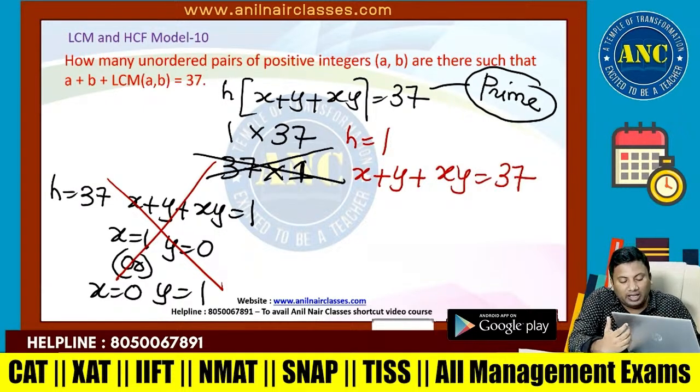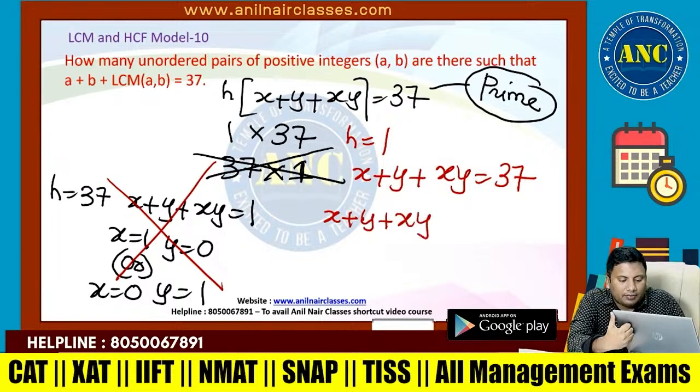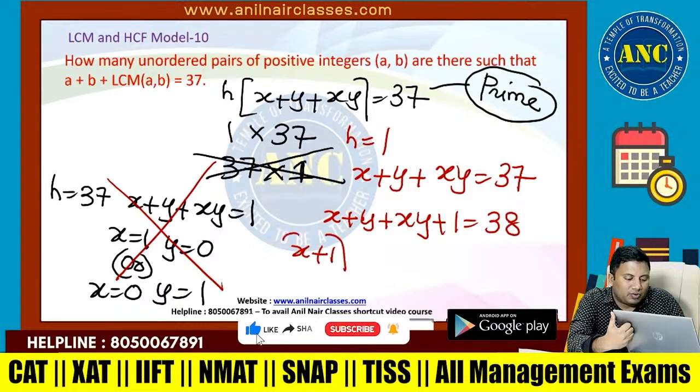I will explain in algebra how to solve equations of degree 2, but as of now, add 1 on both sides. So it is 38. (X plus 1) into (Y plus 1) is 38.